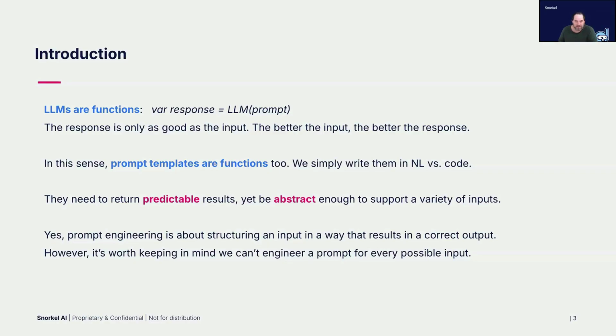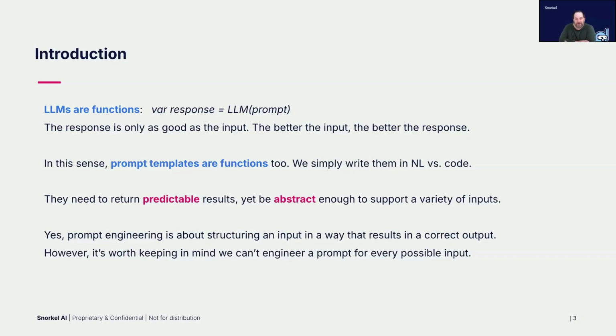And I say that because the way I think about it is I want these prompts, or functions, to return predictable results, but just as if you were writing code, and you're creating functions and methods, you want a certain degree of abstraction, so you can handle a larger variety of inputs and scenarios. Certainly, prompt engineering isn't an activity that you would scale, in the sense that you create a crafted prompt for every possible request. So you need some degree of abstraction, but we also need confidence and predictability.